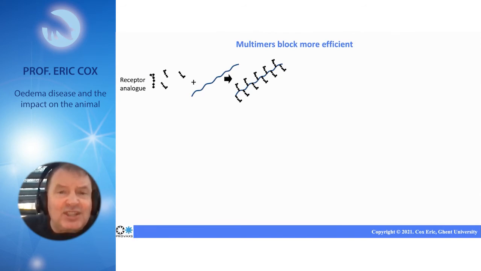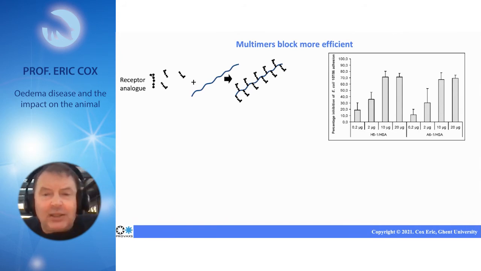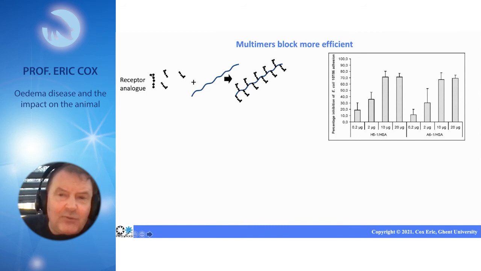And if you use this to block the binding of the bacteria to the villi, then you see that we go from 1 milligram per milliliter to 10 microgram per milliliter in order to block adhesion. So by making multimers, the capacity to block binding to the mucosa is considerably increased.